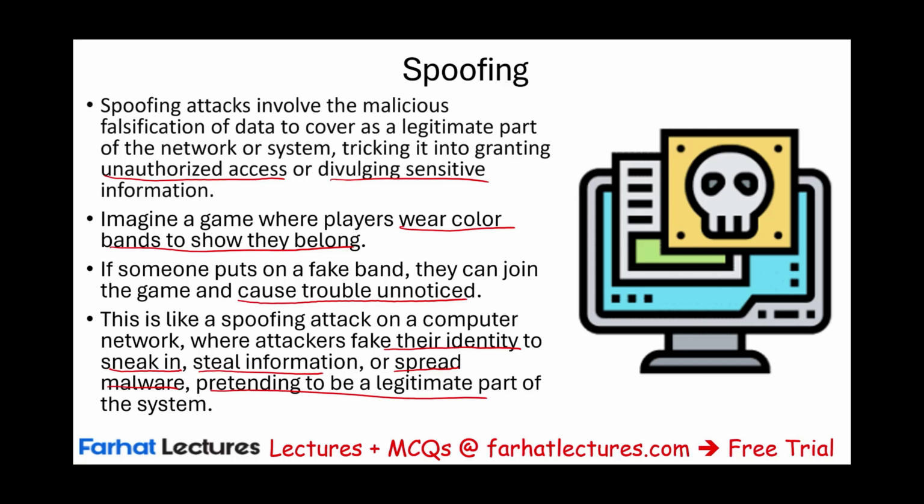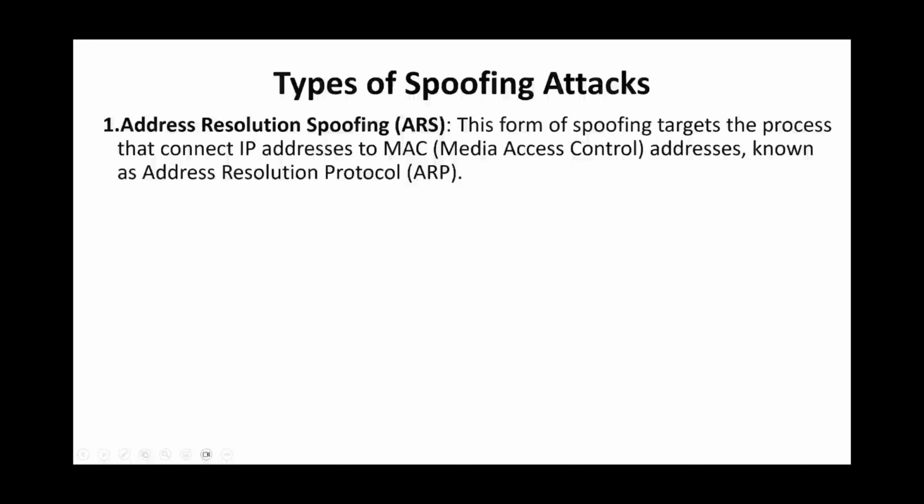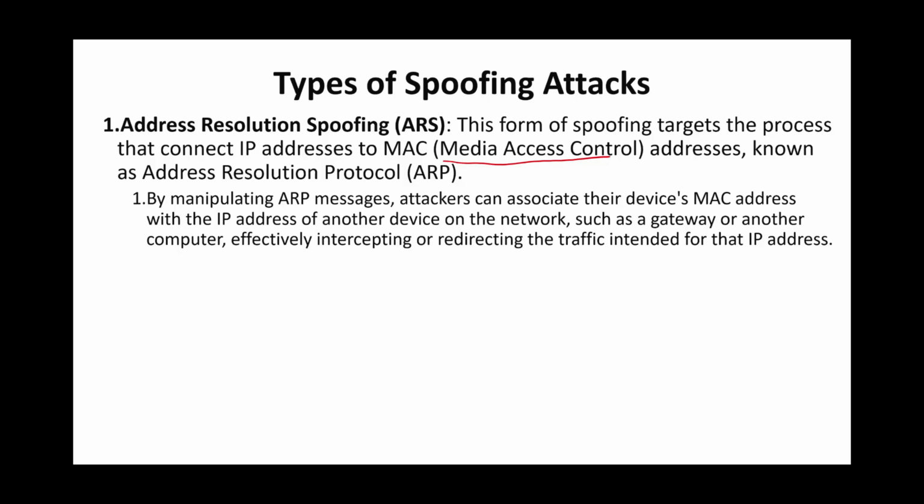And there are many types of spoofing attacks called address resolution spoofing or ARS. This form of spoofing targets the process that connects the IP address to the media access control, known as the address resolution protocol. By manipulating the ARP message, the attacker can associate their device address with an IP address of another device.